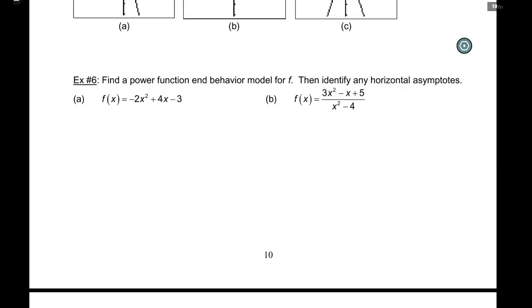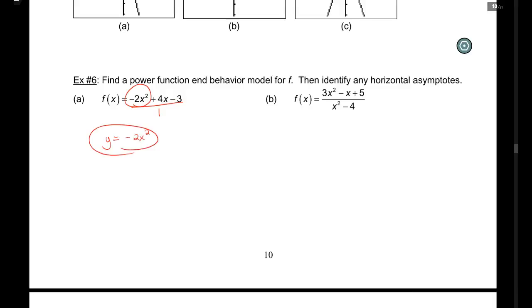So this one: find a power function end behavior model. I kind of walked you through that in the last example. We didn't call it that, but that's what it is. Here, imagine there's nothing in the denominator, it's just a 1. So my power function end behavior model would be, well, what's my largest degree? Negative 2x squared. And that's it.